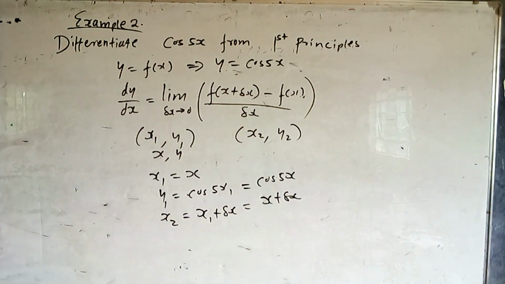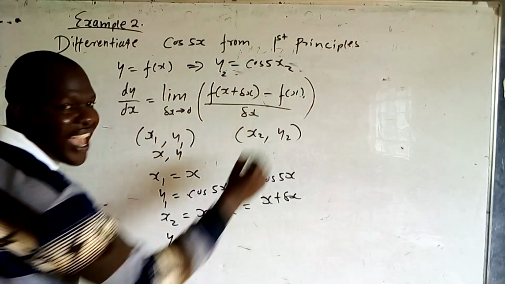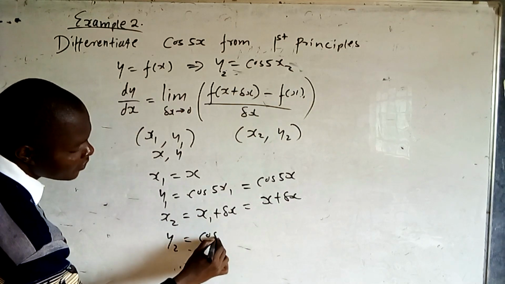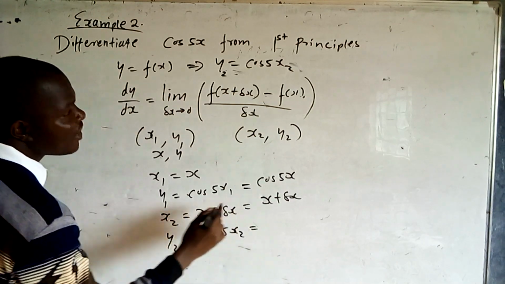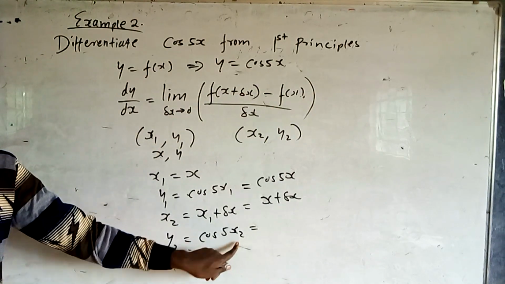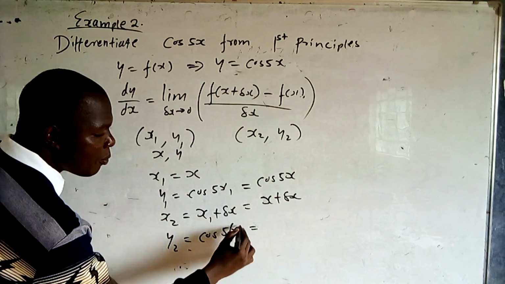Then what is y2? y2 is cos 5x2. Where there is x2, you put the value of x2. What you are substituting, you bracket.